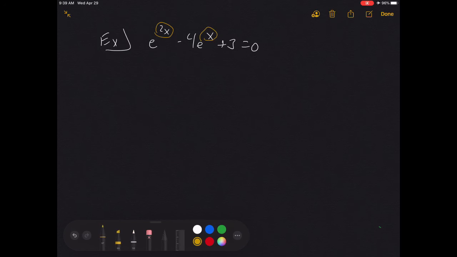Now I'm going to try and stay consistent with how the book here does it. And what we're going to do is we're going to make this a little bit easier. We're going to say let's let u equal e to the x. Okay, so if u equals e to the x, then u squared, if I were to square both of these, it would look like that.